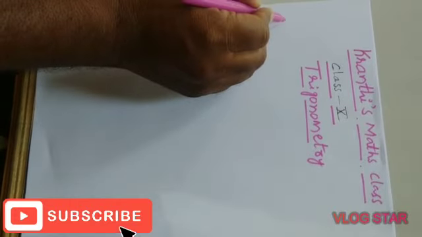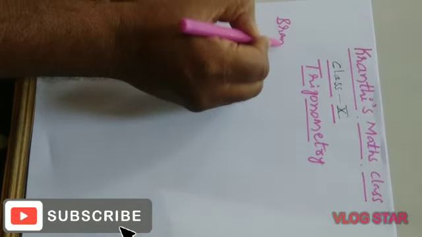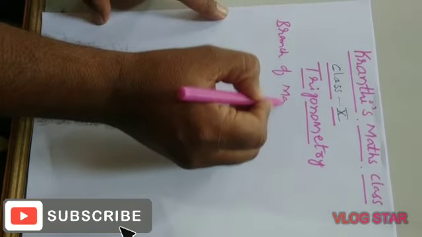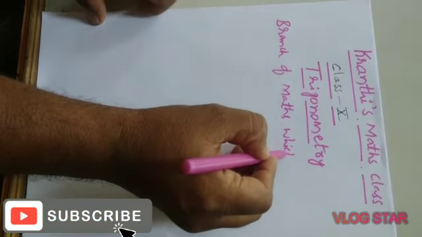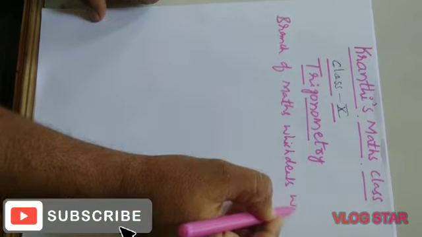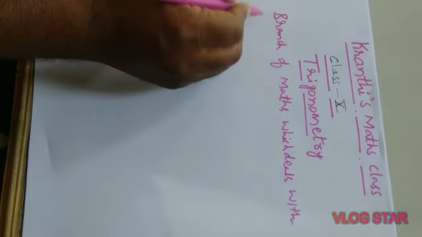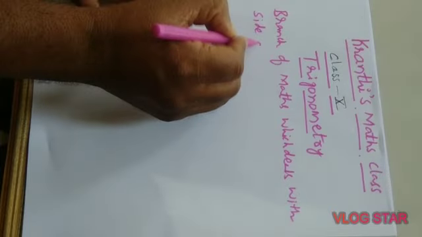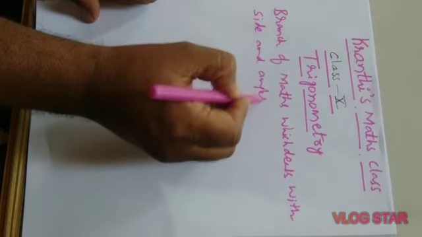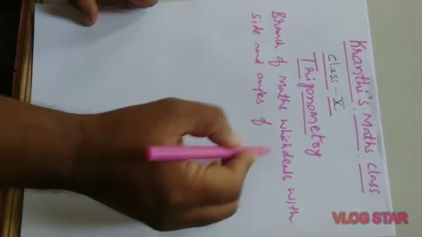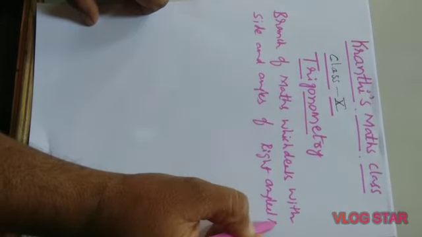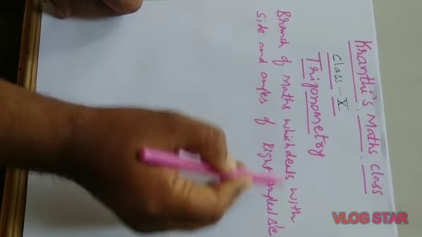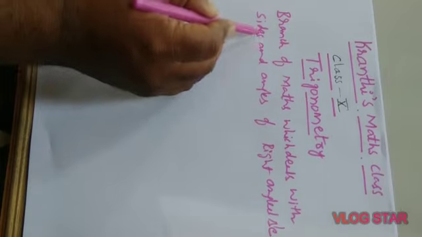Trigonometry is nothing but a branch of mathematics which deals with sides and angles of a right angled triangle.